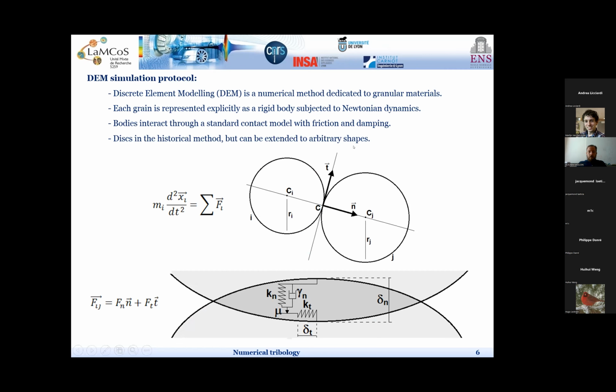So in this case, I showed discs because that's the historical method, but we can now extend this to arbitrary shapes of the grains and also do this in 3D if we want to.